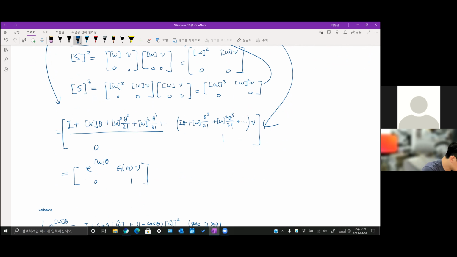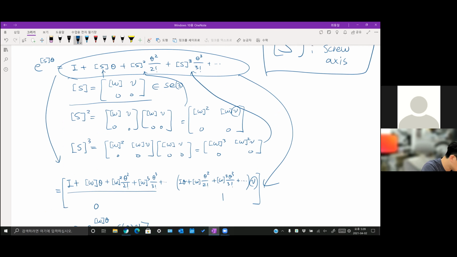The first element becomes this, and the second element becomes this, and 0, 1. You can see this term equal to this one, and the V term is always the same here.